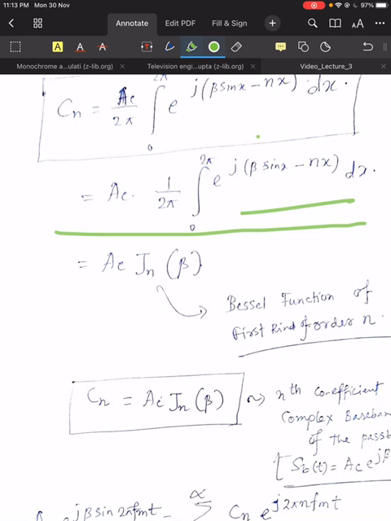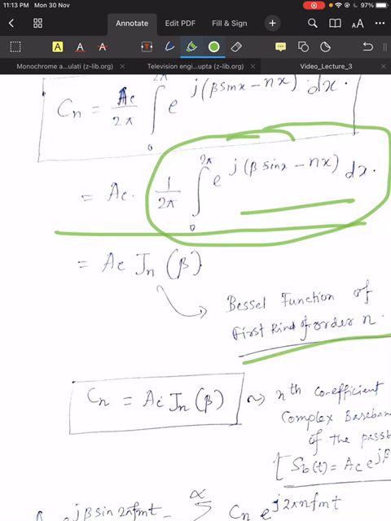Now what is this thing? This is called the Bessel function of first kind of order n. This is a standard form. So all the discrete Fourier coefficients C_n are simply equal to A_c into J_n of β, where J_n is the Bessel function of first kind of order n.